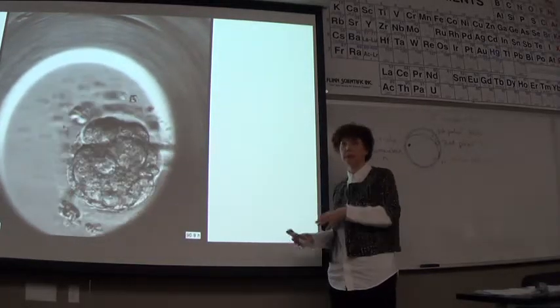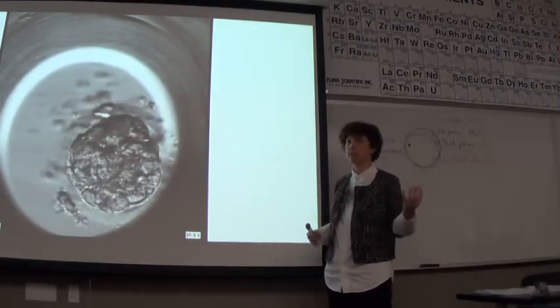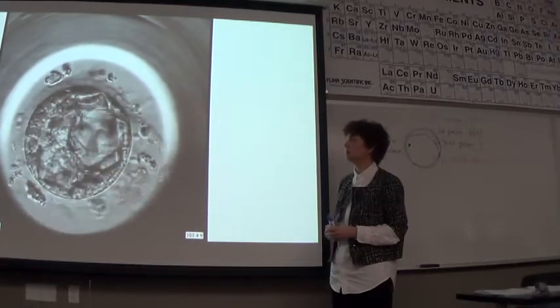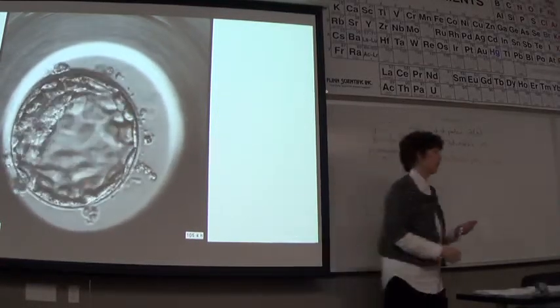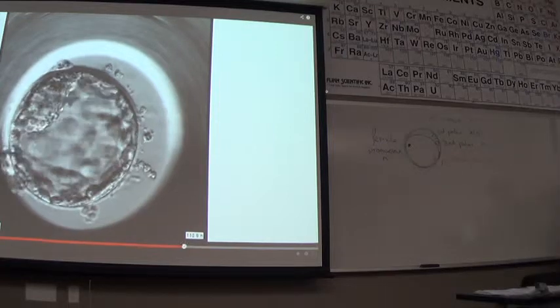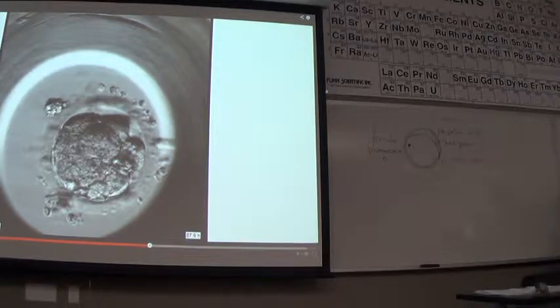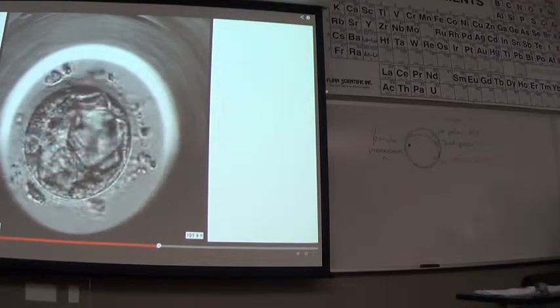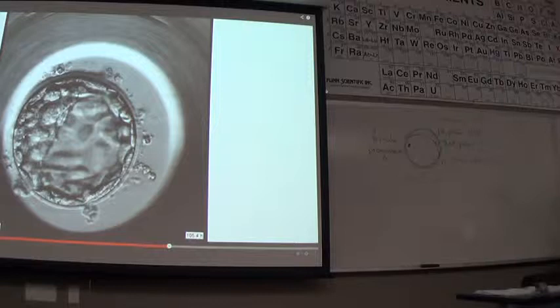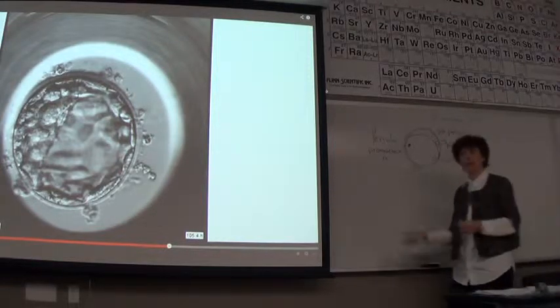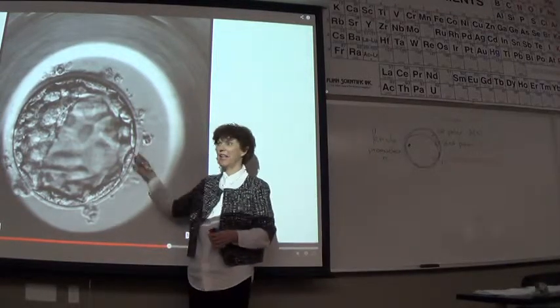This is while the zygote, morula, blastula stage is moving through the oviduct, instead of in the petri dish. Now, see what just happened? So a hollow ball was formed. So that's the blastocyst or blastula.